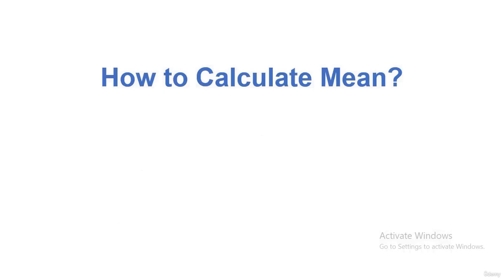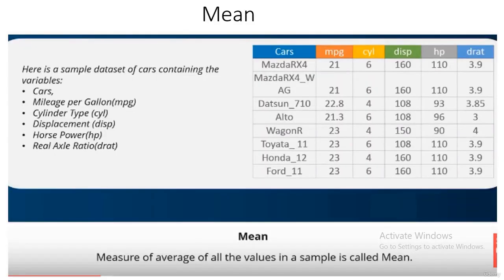Okay, now let's understand how to calculate mean. In this case, a sample data set of cars is given, containing variables like cars, all the types of cars, MPG meaning miles per gallon, cylinder, displacement, horsepower, the rear axle ratio, right?